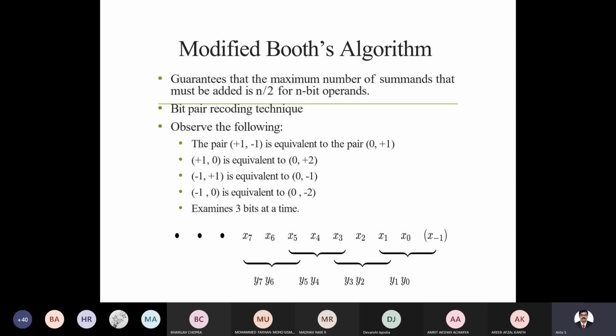In that way, you combine, and from 3 you get 1, and thereby you are reducing n number of digits into n by 2 number of digits. It is only done over the multiplier. You don't disturb the multiplicand.